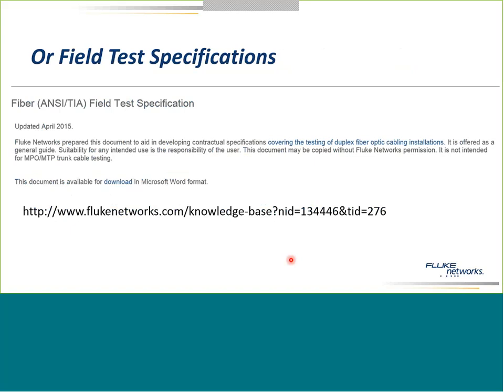You really want to add some more verbiage there to make sure that they're being tested properly and you're going to get test results that meet your requirements. Within the knowledge base, we do have a field test specification. There's one for fiber. There's also one for copper that helps you, let me call it the weasel words that we can apply so that when you request the field certification it will be done the right way.